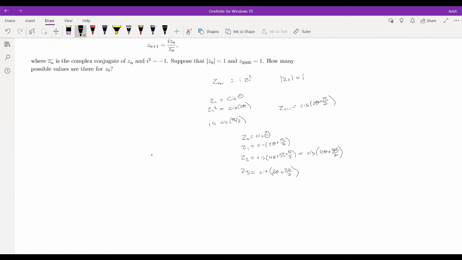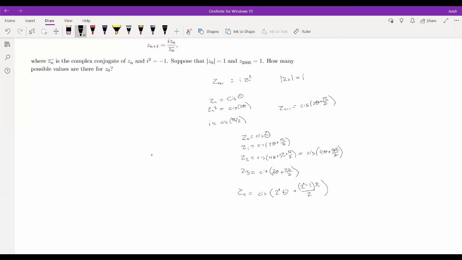We see that z of n seems to be in the form of cis of 2 to the n theta plus (2 to the n minus 1) pi over 2. Although we can't really confirm it, it kind of makes sense based on the recursiveness of this rule.